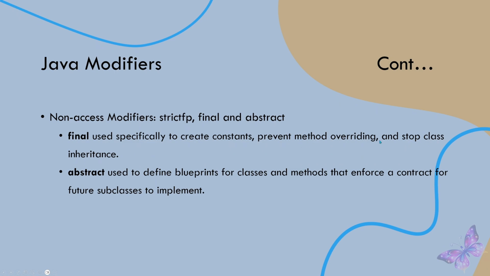Method overriding and inheritance we'll learn later, but right now just remember what final means. Abstract is used to define blueprints for classes and methods that enforce a contract for future subclasses to implement.